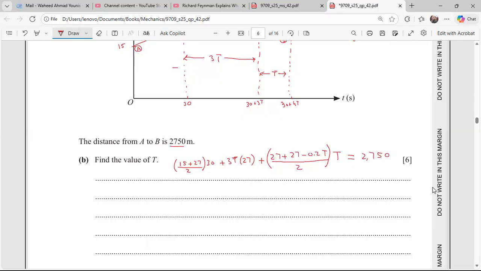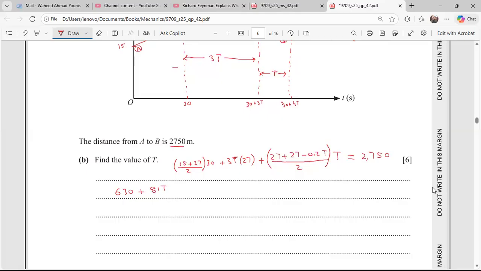Okay, so this thing 15 times, I hope you understand, this is going to be 630 plus 27 times 3t, which is basically 81t.